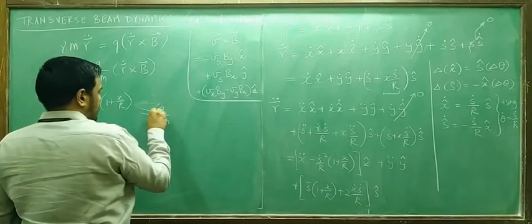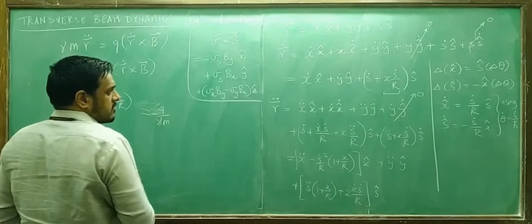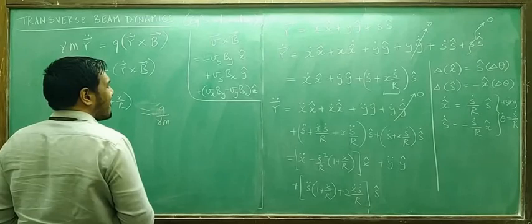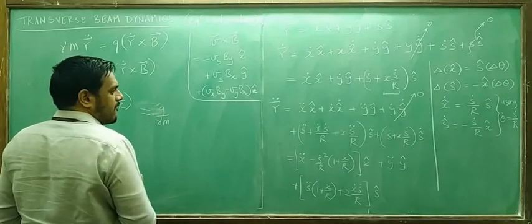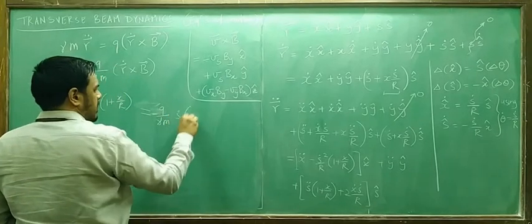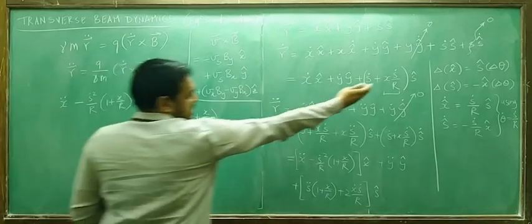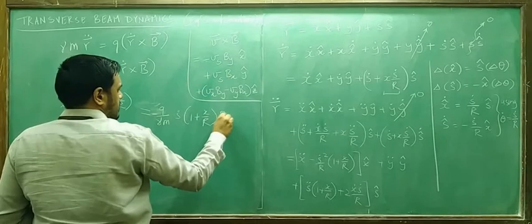So there will be a minus sign here, and you will have s dot into 1 plus x by r, which is the Vs term, multiplied by By.